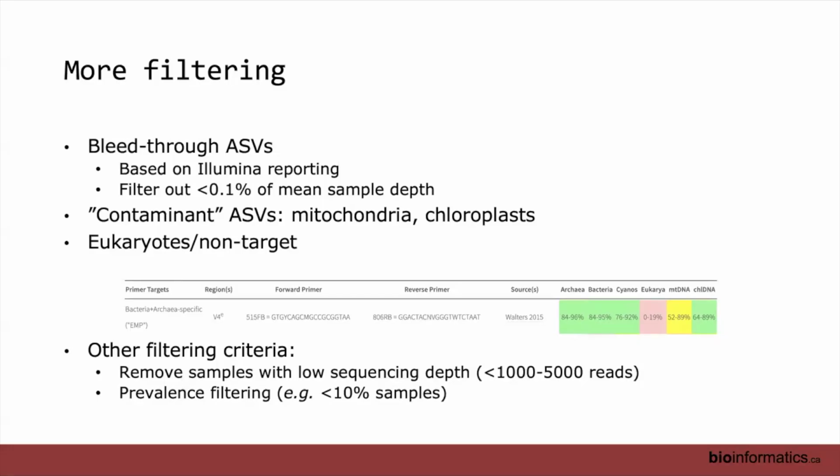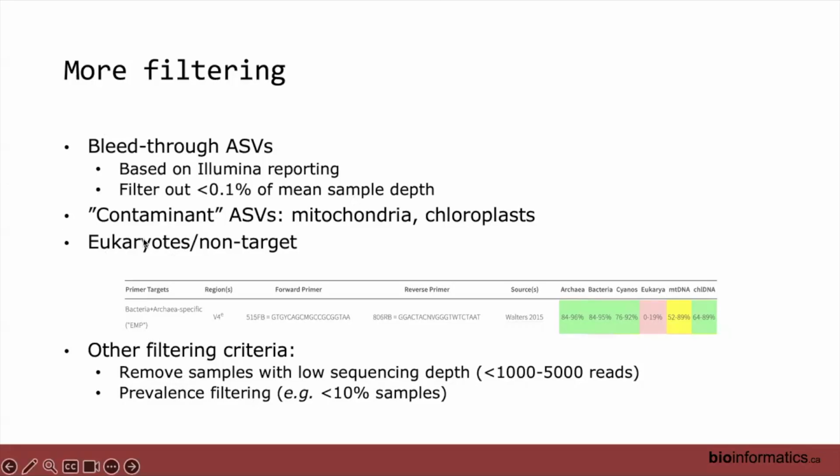So based on Illumina's reporting of this kind of problem, we tend to filter out about 0.1% of the mean sample read depth, because that's what we think is typically going to be coming from the previous run, possibly. So it's important to take those out, because we don't want to be finding these weird taxa that actually wouldn't be in our samples. It's just whatever was sequenced in the previous run.